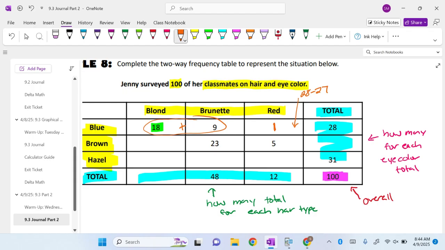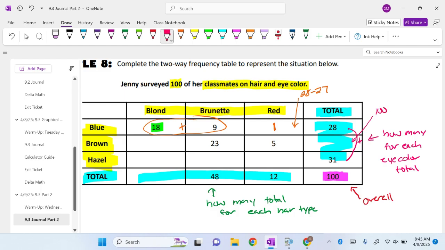But we can find that number first because if all of these blue totals have to add to a 100, how can I find this one blue box? Subtract it. So add it and then subtract it. So I'm going to add the 28 and the 31, and that would give me 59.